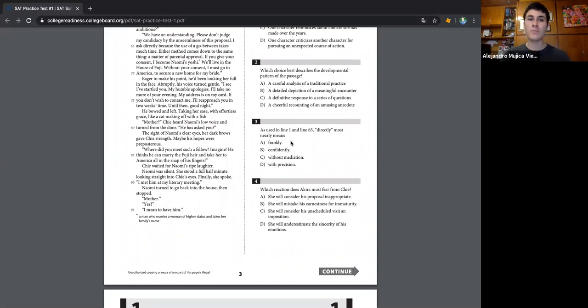I initially got confused with this one because we do mention tradition and form and custom at least once or twice in the text, and we know that is an important part of it. But the key thing is that the text is not written as an analysis of a traditional practice. A traditional practice is the general setting of the story, but it doesn't describe the passage as a whole.